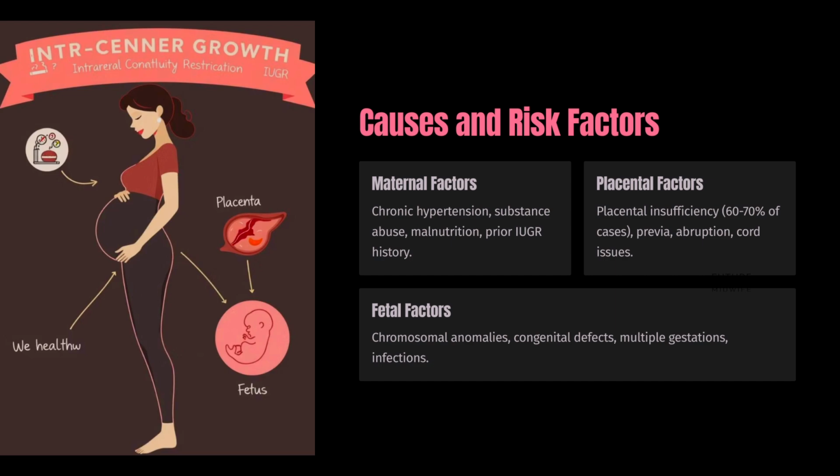The second is placental factors, which include placental insufficiency, abnormal cord insertion, placental abruption or infarct. The third is fetal factors, which include chromosomal abnormalities such as trisomy 13 and 18, congenital anomalies, and multiple gestation. So these are the causes and risk factors of intrauterine growth restriction.